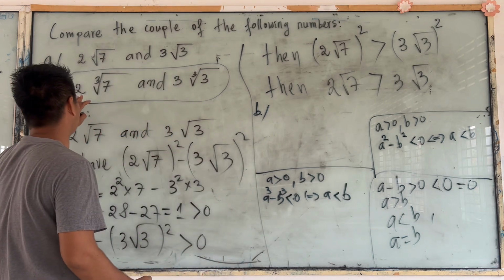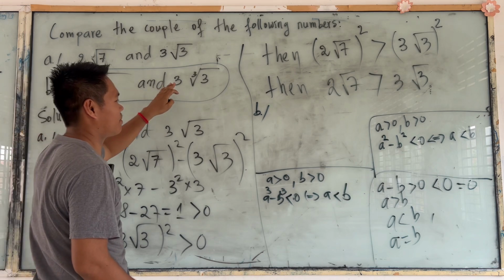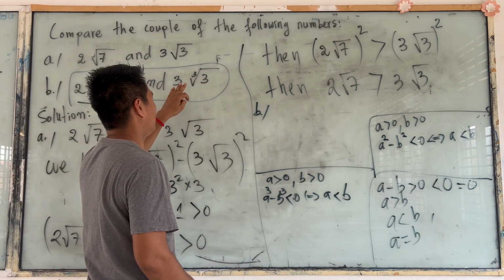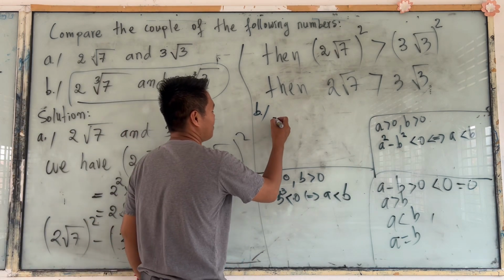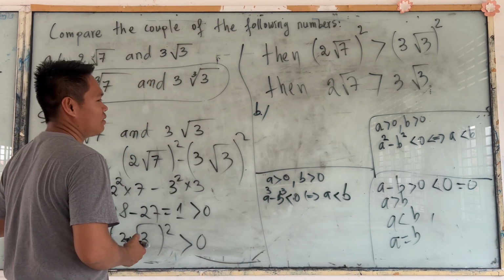You want to compare the number 2 multiplied by the cubic root of 7 and the number 3 multiplied by the cubic root of 3. You can check by taking the power 3 of them and subtracting, right?